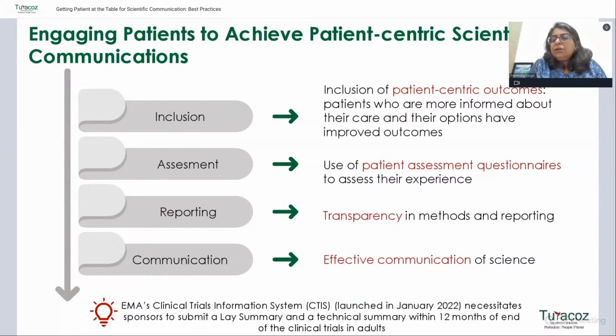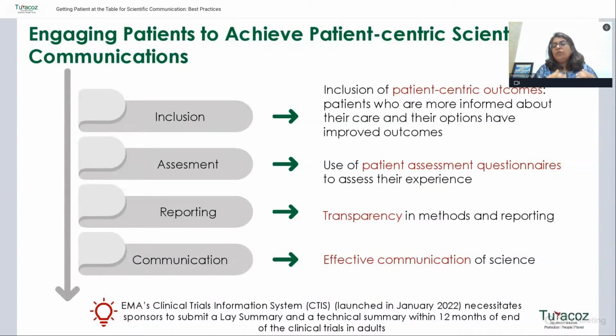Now, the EMA has a Clinical Trials Information System, also known as CTIS, launched in January 2022, and they have made it mandatory that a lay summary and a technical summary be provided within 12 months of the end of each clinical trial in adults.